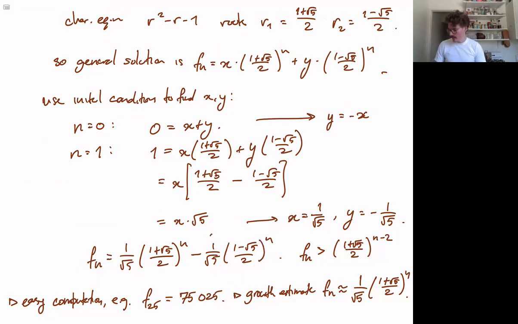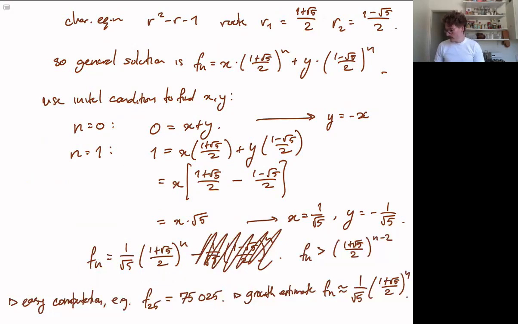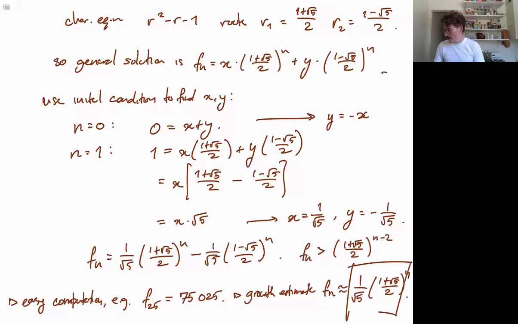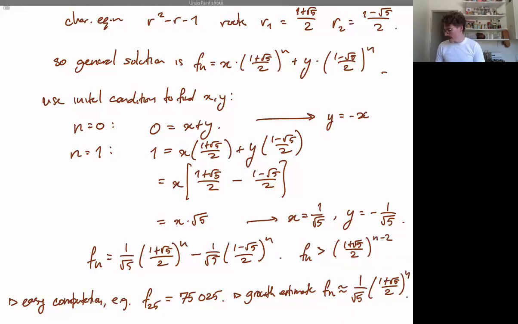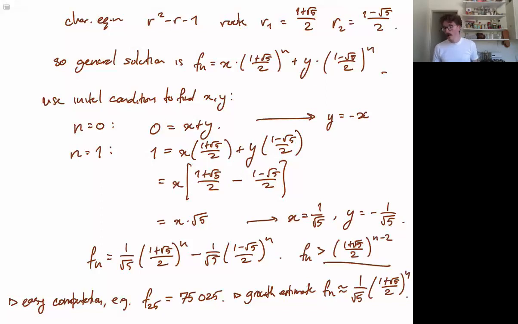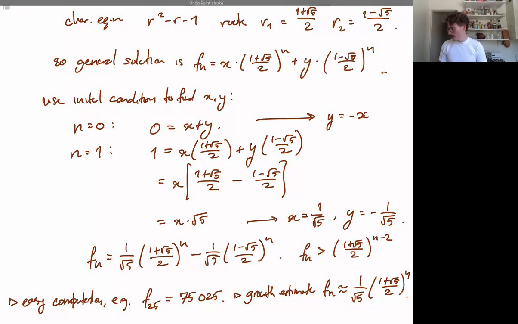And so this term, if you're thinking about growth, you can basically ignore it. And we see that Fn is basically governed by this. So this is, first of all, a much more precise estimate than this. And second of all, it's not just a lower bound, it's an actual asymptotic estimate that tells us it will get closer and closer to this as n gets bigger and bigger.